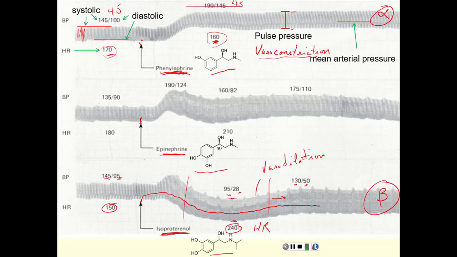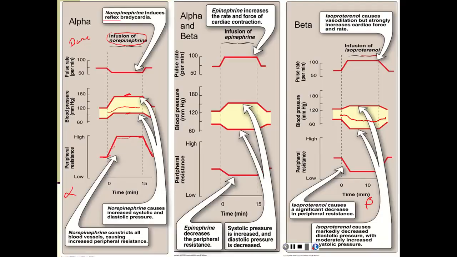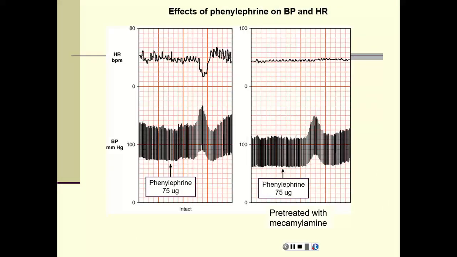And the question was, is that a direct effect of stimulating alpha receptors on the heart, or is that a reflex mechanism because the baroreceptors have been activated? So you remember the baroreceptors are located in several parts of the body. They're in the arch of the aorta, they're in the atria, they're in the carotid bodies, they're in numerous locations around.